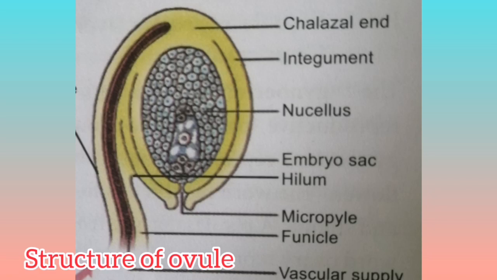The stalk or the funiculus is present at the base and it attaches the ovule to the placenta. The point of attachment of the funicle to the body of the ovule is known as hilum. In an inverted ovule, the funicle is adnate to the body of the ovule, forming a ridge called raphe.